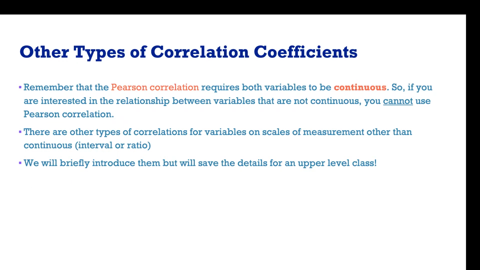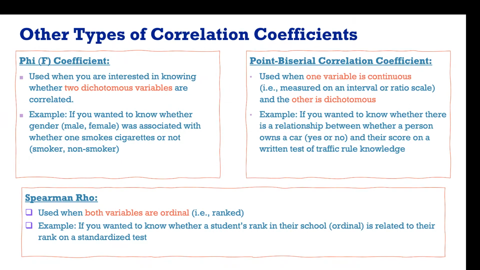There are other types of correlations. What we just talked about is Pearson's correlation, and it requires that both variables are continuous. There are 3 other types of correlations that we're going to briefly cover. The phi coefficient is used when both variables are dichotomous, so they have 2 levels, like male and female, yes and no, tall and short.